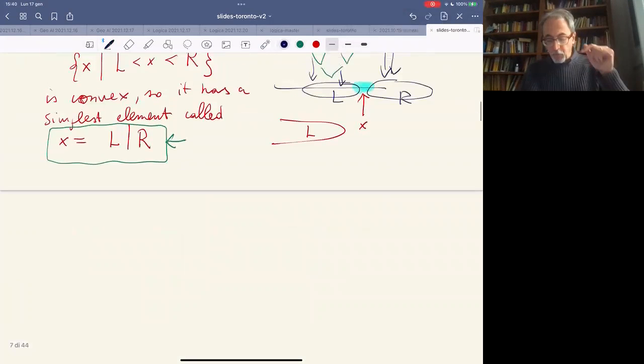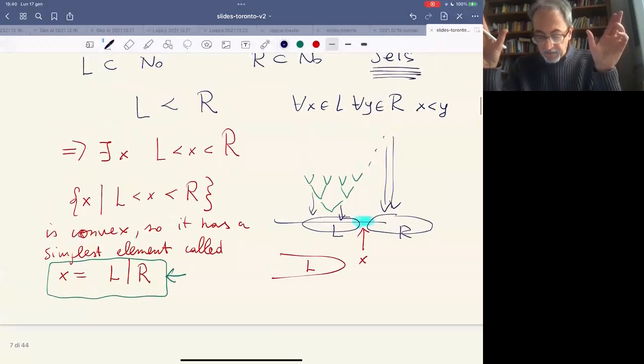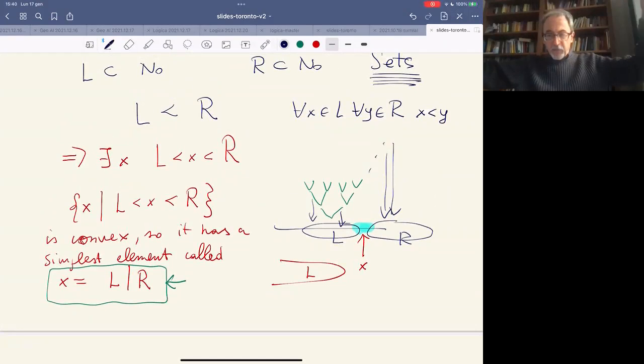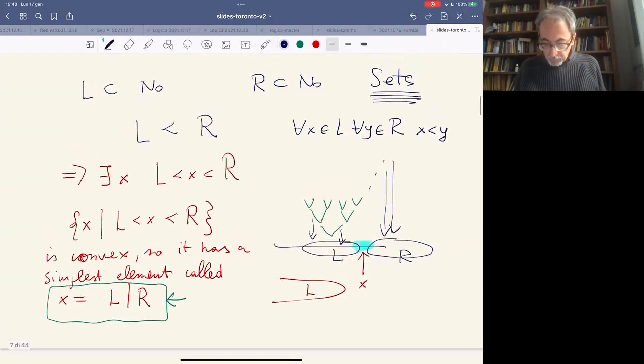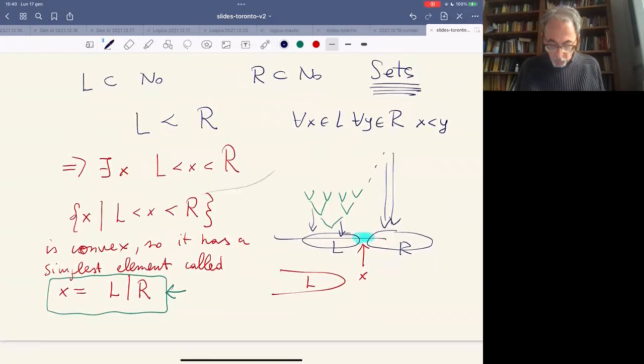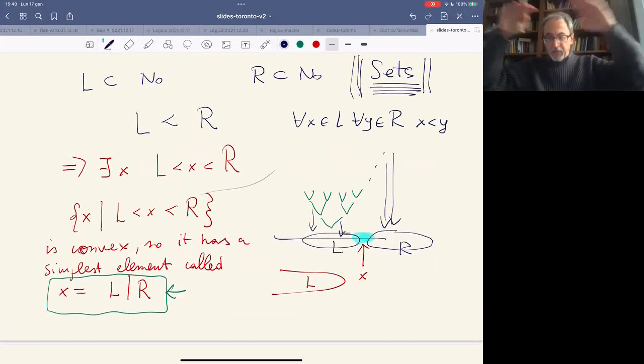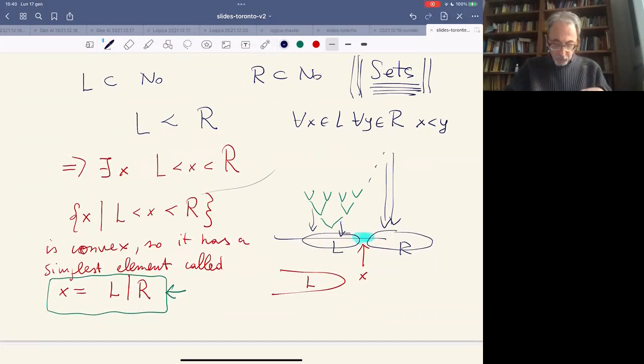Of course, if you don't like proper classes and you would like to stop at level omega 1, this will not be true anymore, but it will be true if, instead of taking sets, you take countable sets. So if you arrive only at level omega 1, it will remain true, but only for countable sets.